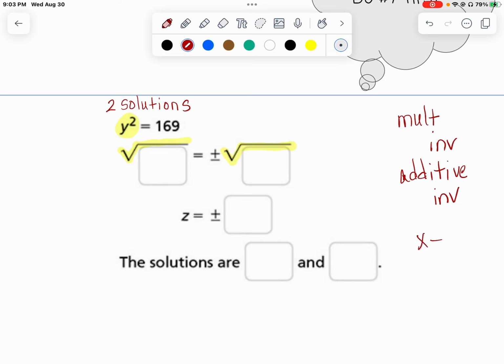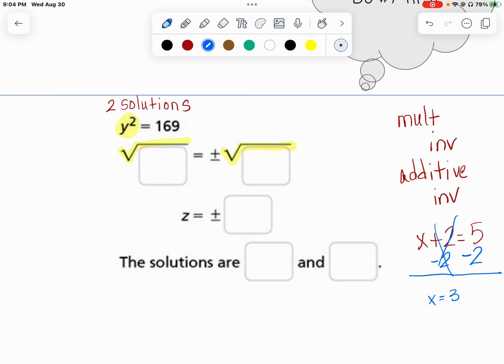The most basic one we learned first, which of course you do in your head now, but the additive inverse of adding 2 is subtracting 2. Whatever you do to one side, you do to the other. These cancel, and then it equals 3.